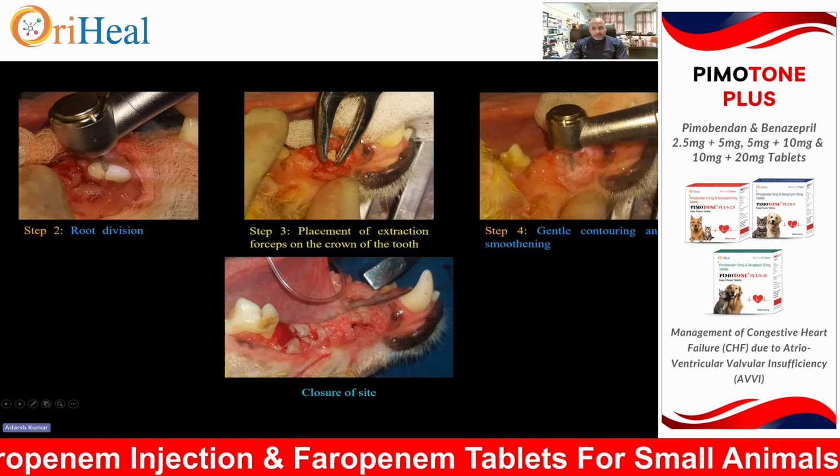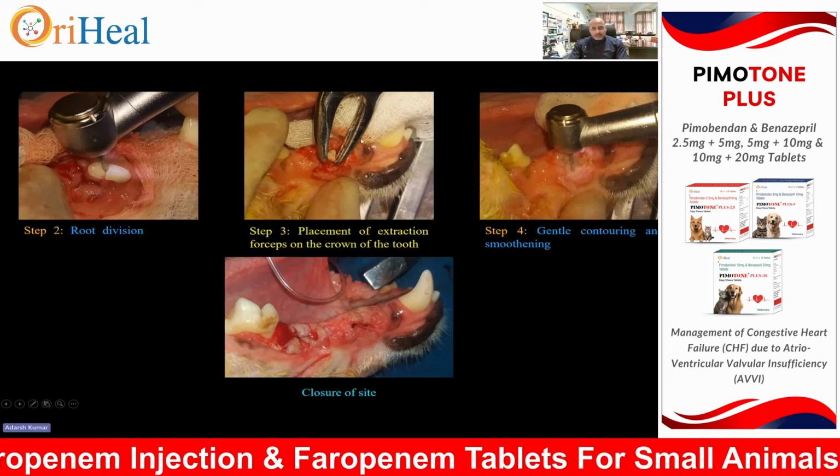Now, use of the luxator and the elevator here. Look at this picture here. So this is how the luxator is inserted inside, and the tooth is being loosened here. Okay. So this is the sectioned root. So one root is being taken out here. Now, how to use the elevator? Can you see here the 1, 2, and 3 roots here?